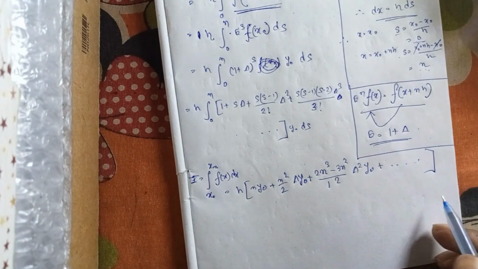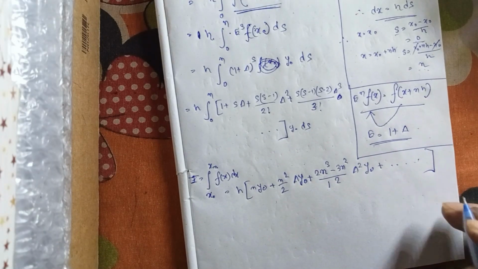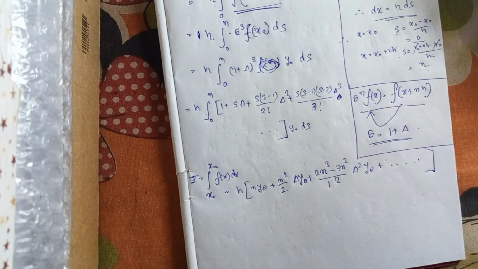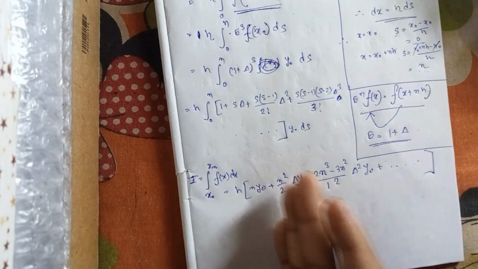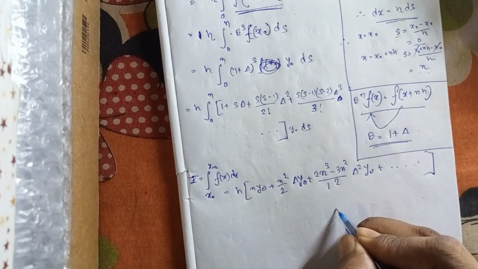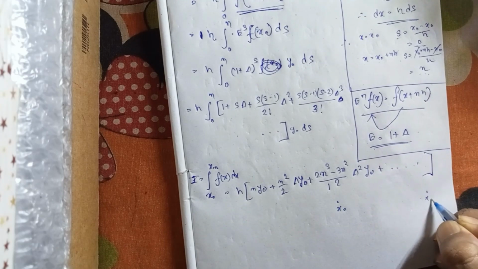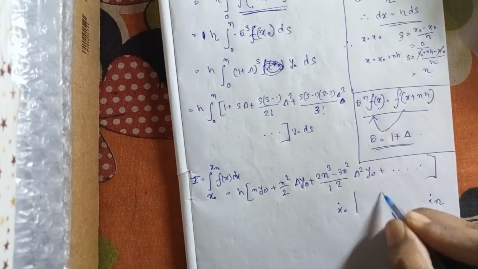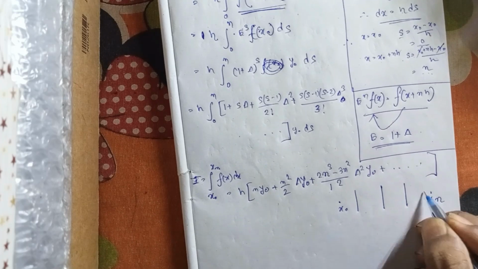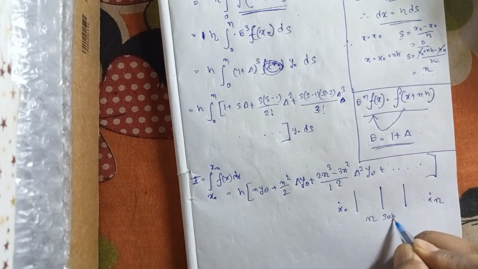So this is known as the general integration formula, when the interval of the integration is divided into n sub-equal spaces, okay, means x0 to xn. See, x0 to xn, we now divide our intervals into n sub-intervals.